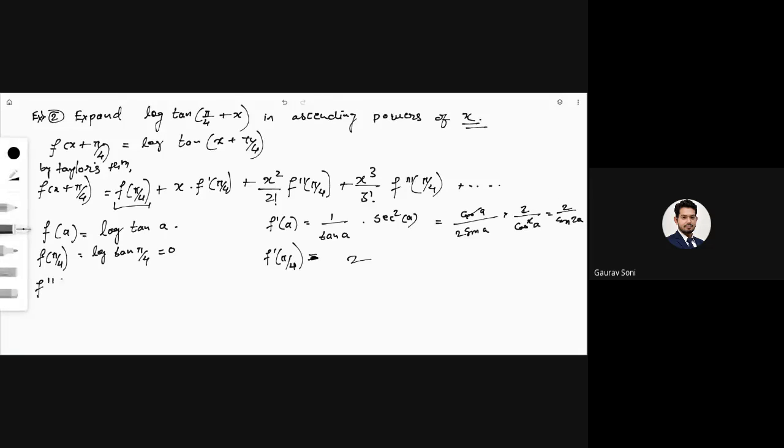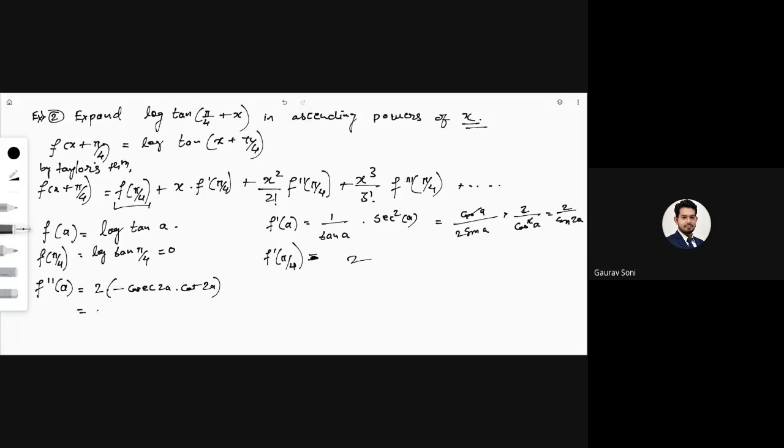I've done this to make the calculations easier. f double dash of a will be equal to, 1 upon sine, that is cosec. The second derivative will be minus cosec 2a into cot of 2a.